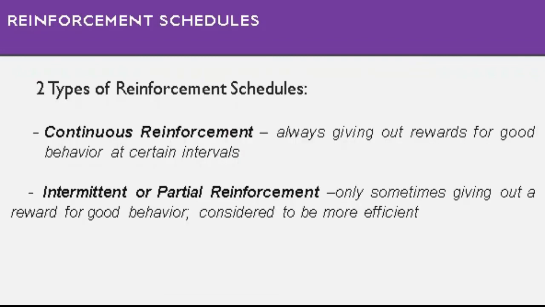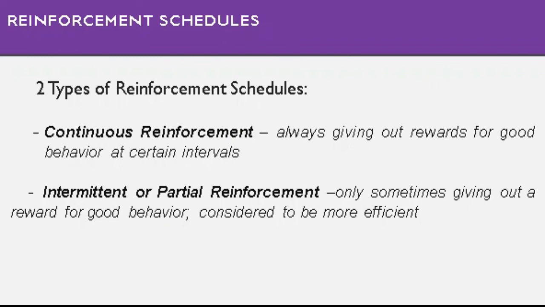Now, there are two types of reinforcement schedule. The first one is continuous reinforcement, or always giving out rewards for good behavior at certain intervals, and intermittent or partial reinforcement, only sometimes giving out a reward for good behavior, considered to be more efficient. Okay?